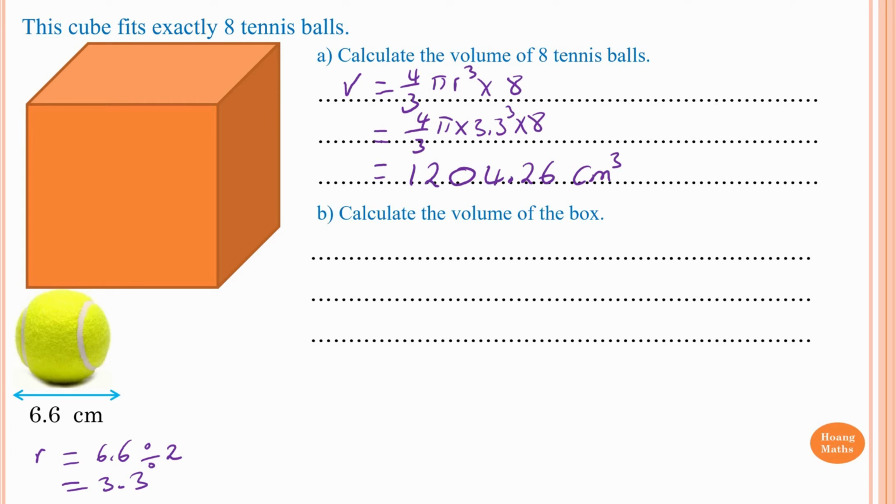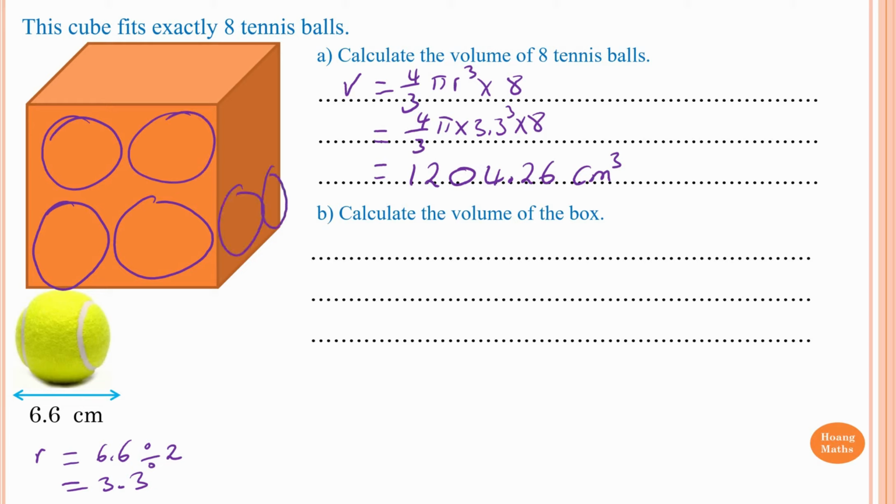Part B. Calculate the volume of the box. We know that the box fits exactly 8 tennis balls. So we have 2 here and 2 here as well, fitting exactly inside the box. So 2 here, 2, 2 and so on. So this is 2 lots of 6.6. That is the length of the cube, and same as here, so 2 times 6.6, that is 13.2.